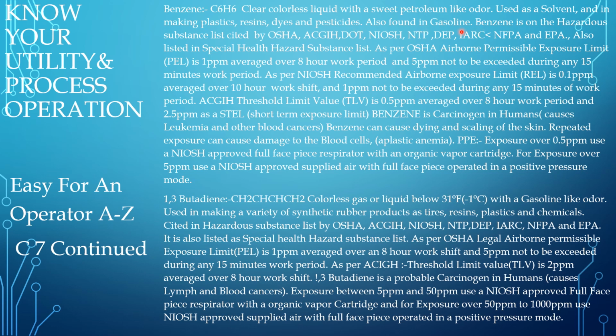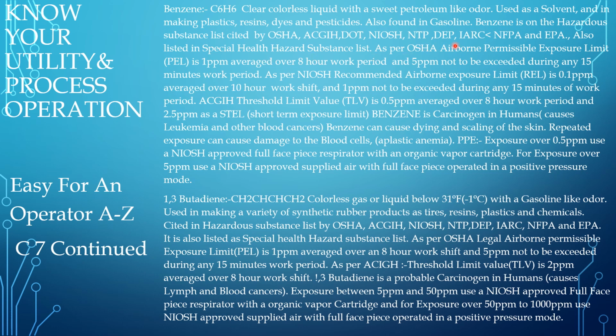It is also found in gasoline. Benzene is on the Hazardous Substance List cited by OSHA, ACGIH, DOT, NIOSH, NTP, DEP, IARC, NFPA, and EPA. It's also listed in the Special Health Hazard Substance List.